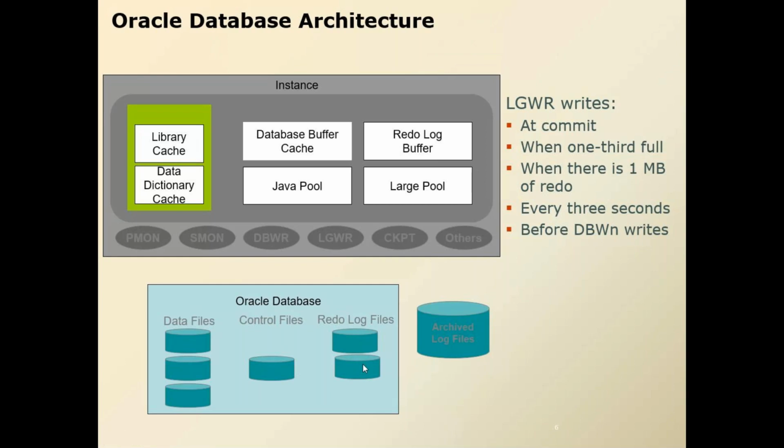Now the question comes, why do we need the data to be written to redo log file? The main reason is in case of disaster. I'll give you an example. You have right now $10,000 in your account. You went to the bank and deposited $2,000 more. So the updated balance should be $12,000, right?